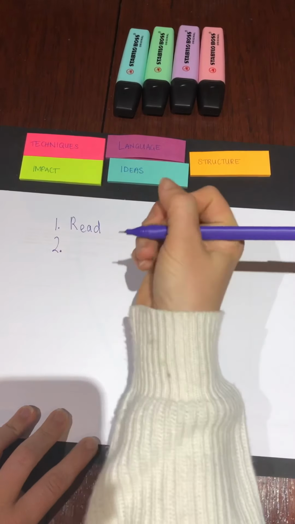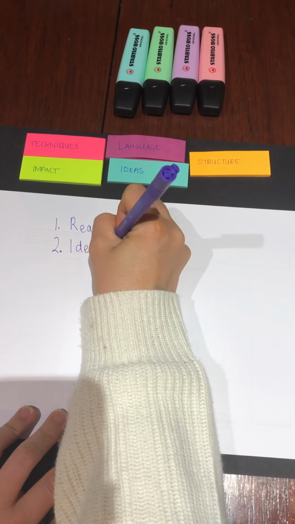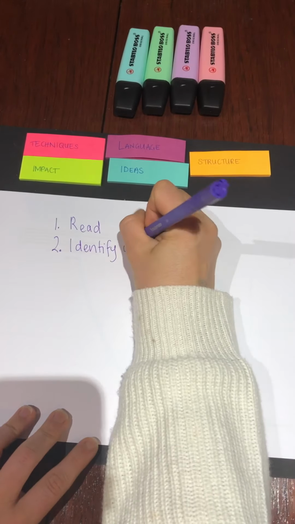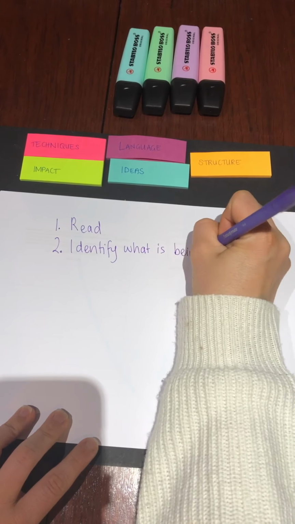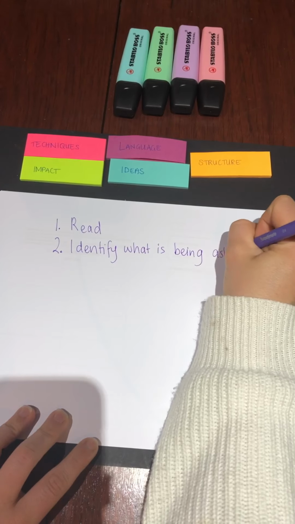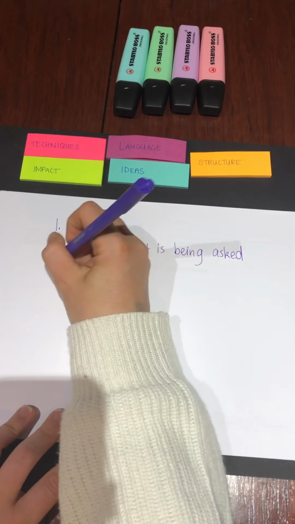The next thing that you're going to do is you're going to identify what is being asked of you. So what exactly has been dictated by the question, which we'll go back to in a second.